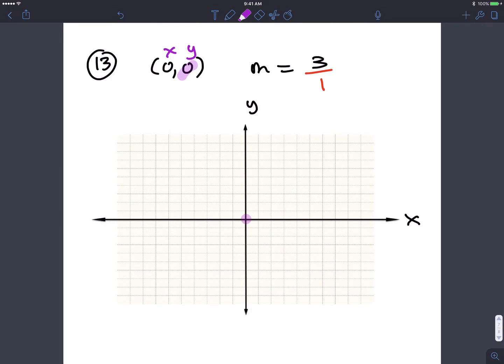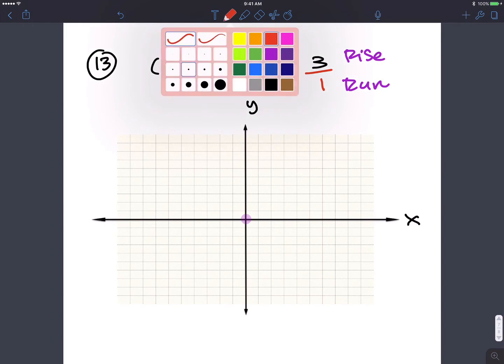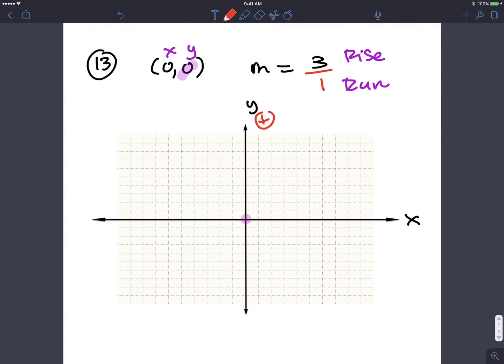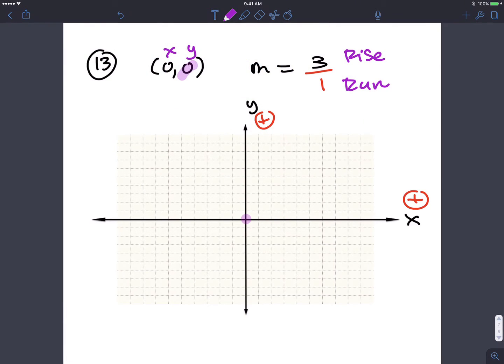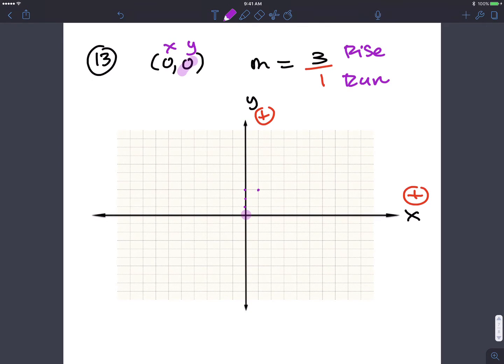From this point, 0, 0, we're going to use the slope. We're going to rise 3 and we're going to run 1. Remember, both of these numbers are positive. So we're going up and we're going to the right. For the next point, up 3, 1, 2, 3, to the right 1.